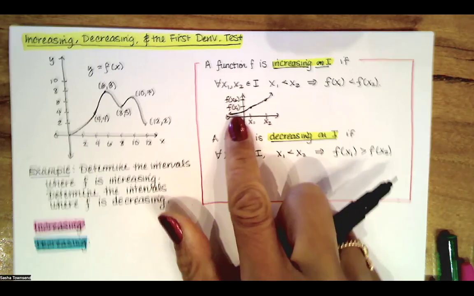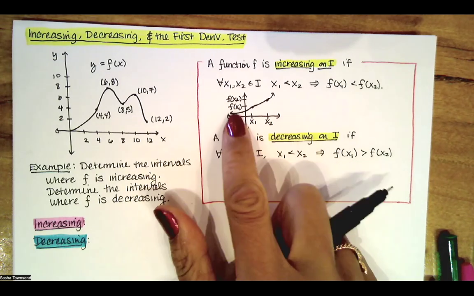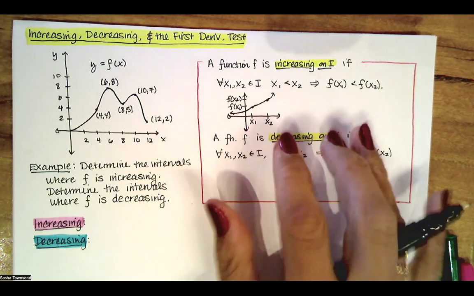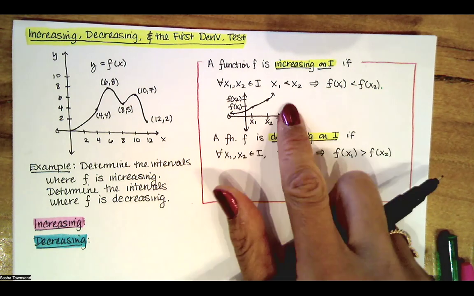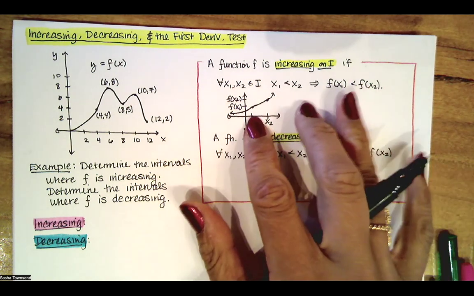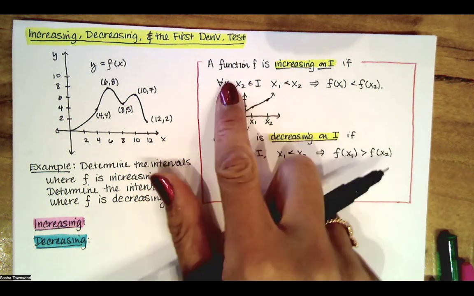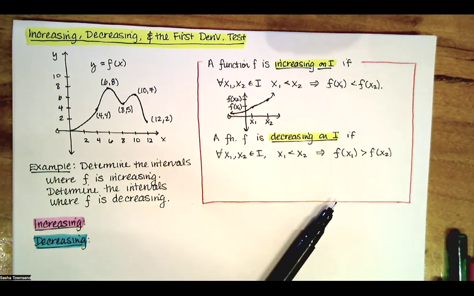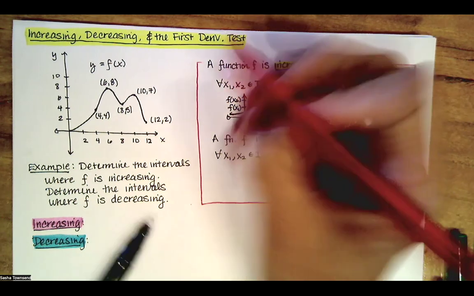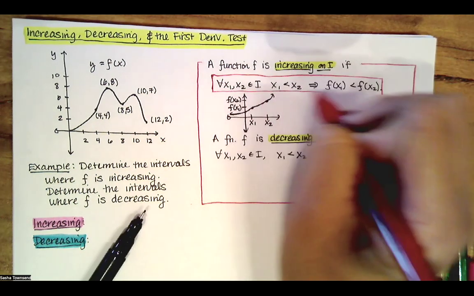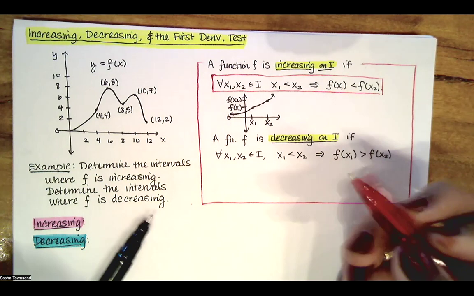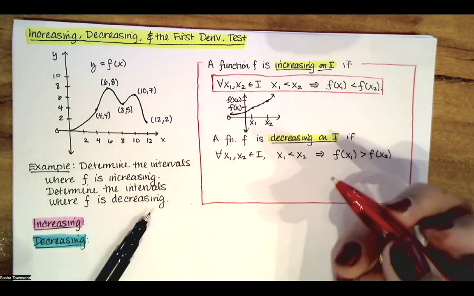So you just look at the graph as you're going from left to right, and if the y values are going up, that function is increasing. Now, if I graphed the tangent lines at any of these locations, the derivative would be positive there. So this is the formal definition of increasing on an interval I. But one way that we determine whether a function is increasing on an interval is we look at the first derivative.